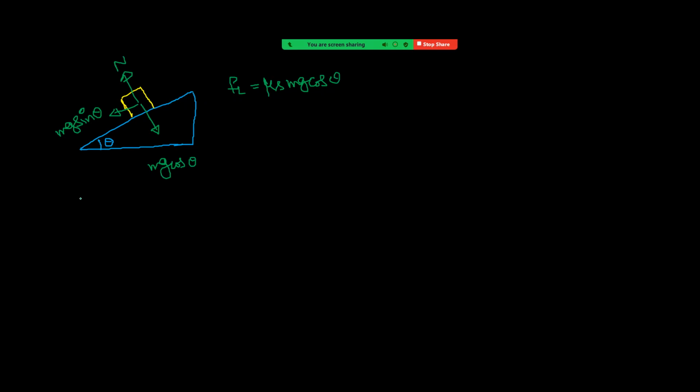Suppose when theta equals alpha, I'm taking alpha as the angle of repose. When theta equals alpha, the downward force mg sine alpha is just balanced by limiting friction, that is mu s mg cos alpha.